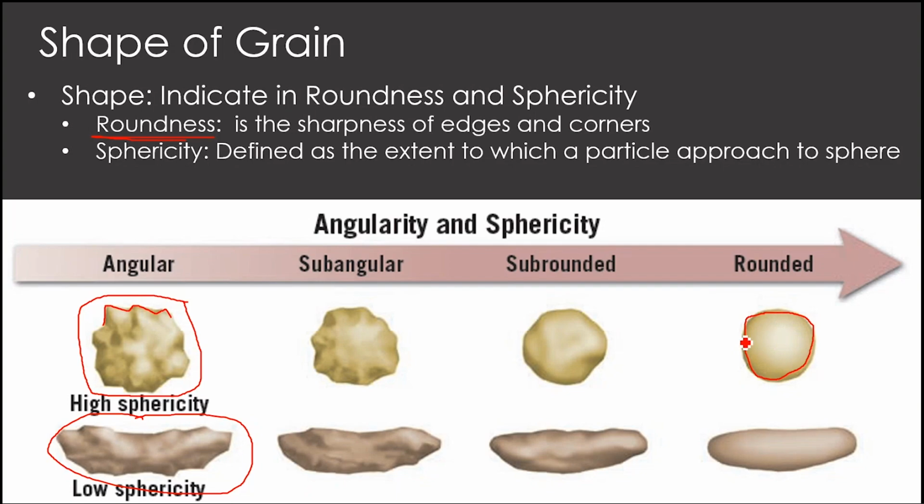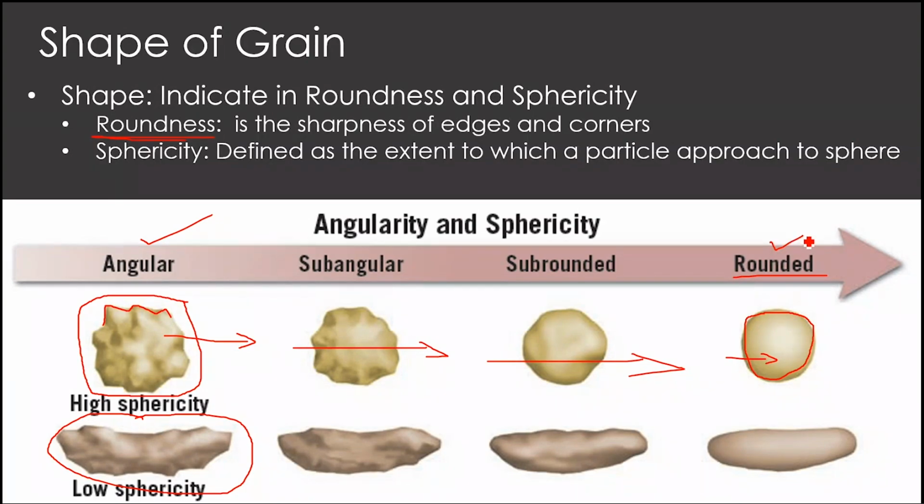Why is it so? Because this grain has gone through a number of erosional and depositional processes and finally converted to a shape whose edges and corners are very well rounded. So in the first image we get an angular shape, angular sediment, whereas in the last we get a rounded shape.